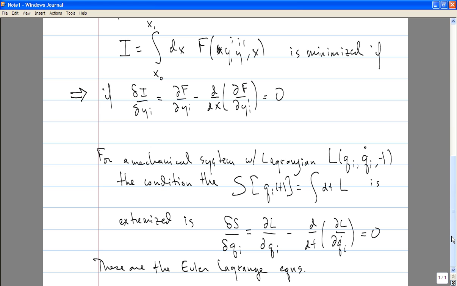In your future lives as physicists, when people present to you the formulation of some theory of physics, the typical way that they will present it is by writing down an action. They will tell you what the degrees of freedom are, they will tell you what the action is, and then that completely specifies the theory. This is how electromagnetism can be defined. This is how general relativity can be defined.